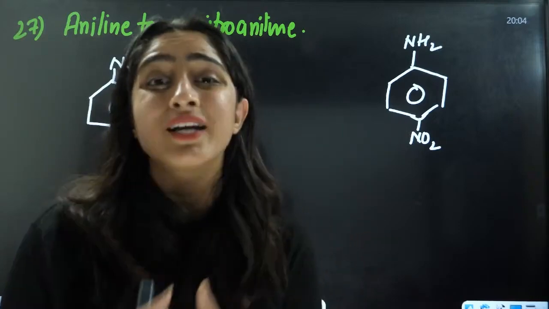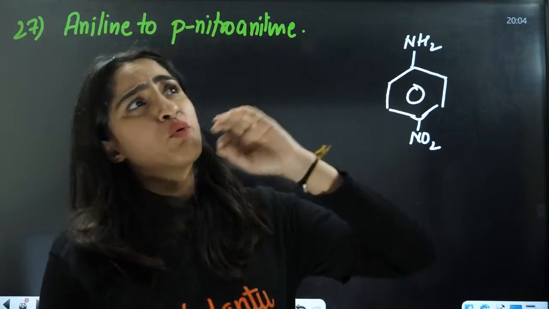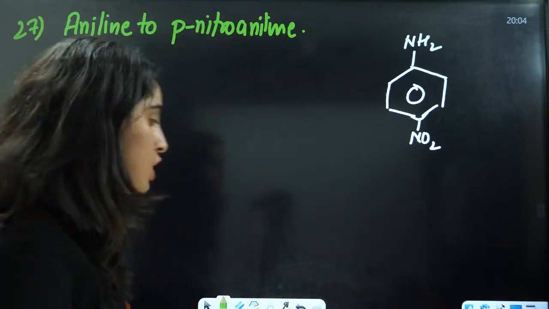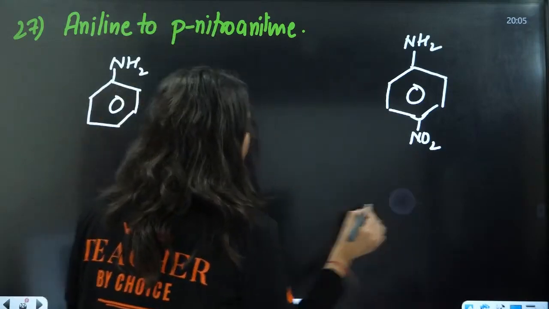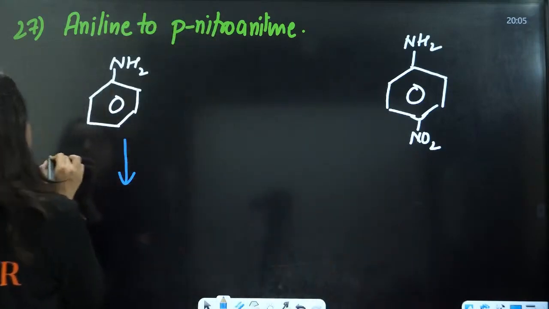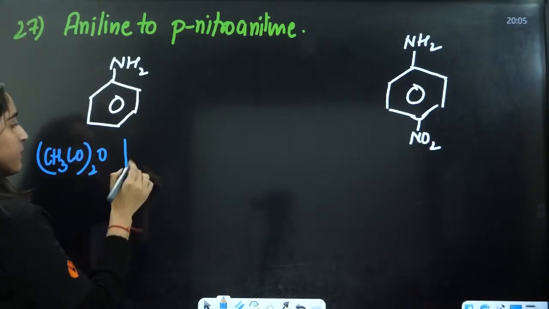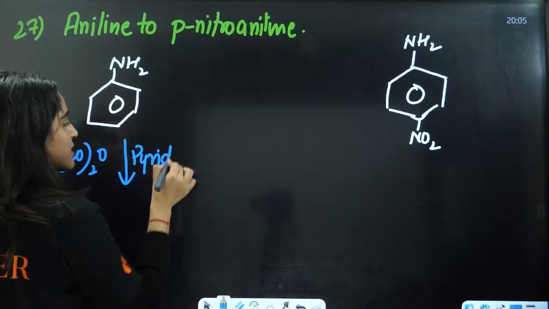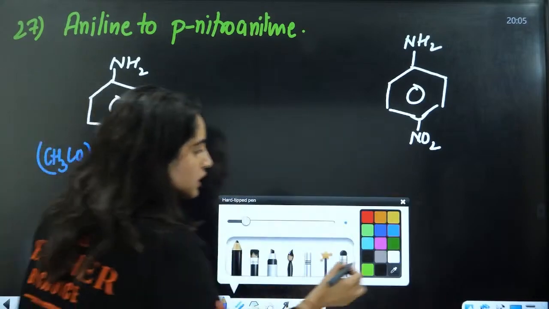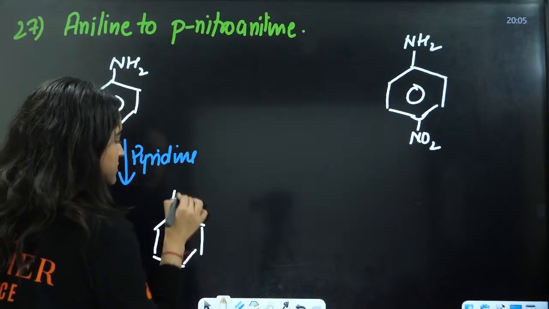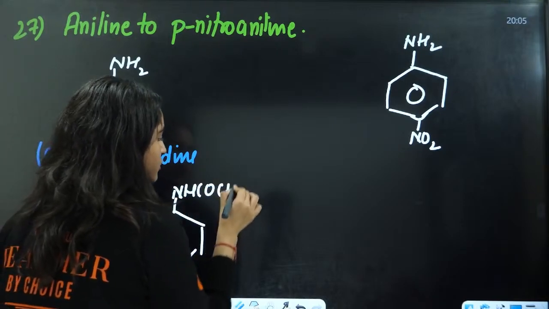In that way, you will have 47% meta, then some para, then just 2% of ortho product. So firstly we will do the acetylation by adding (CH3CO)2O in presence of a base stronger than aniline, that is pyridine. You will have NHCOCH3.